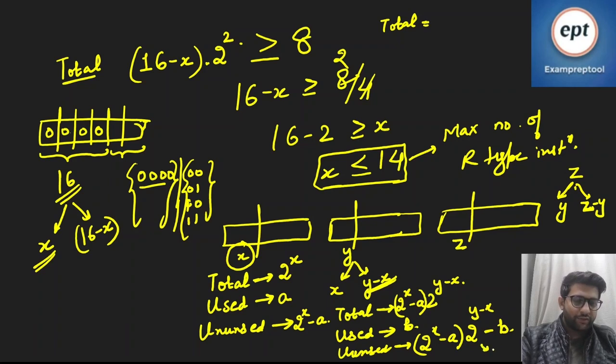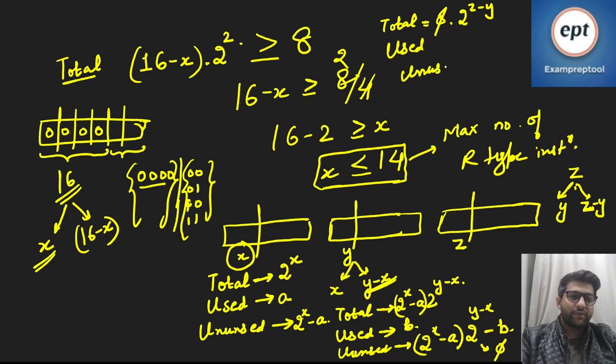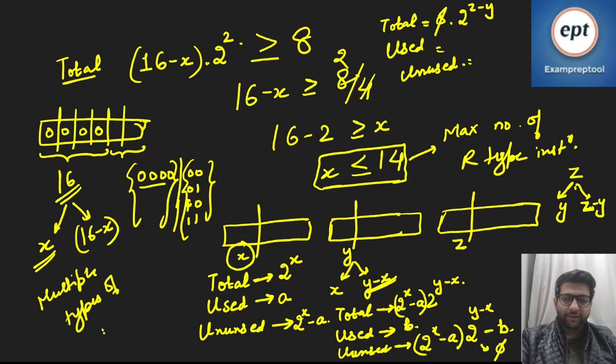So let's say if this was psi, so this will be psi into 2 power z minus y. Again, you can use the used values and calculate the unused values, right? So this is how you can solve the question which supports multiple types of instructions, right? So try to solve such questions.